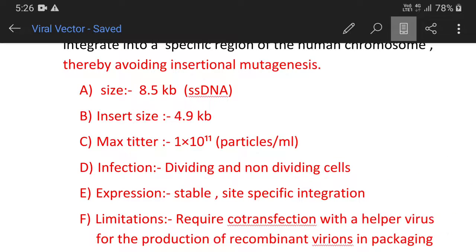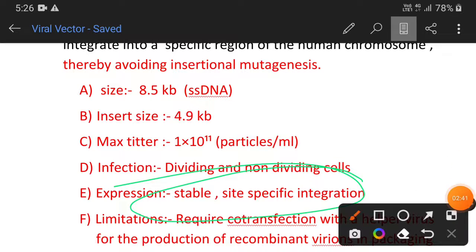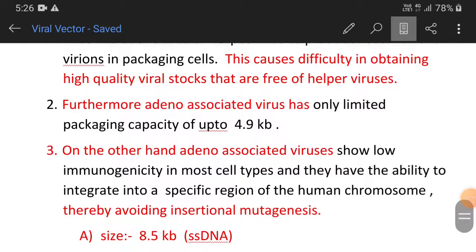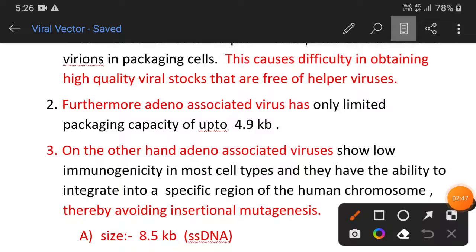So expression: stable site-specific integration, that is the important thing that I want to mention. Adeno-associated virus has the ability to transfect human cells in such a way that it will integrate into the human chromosome at a specific site.